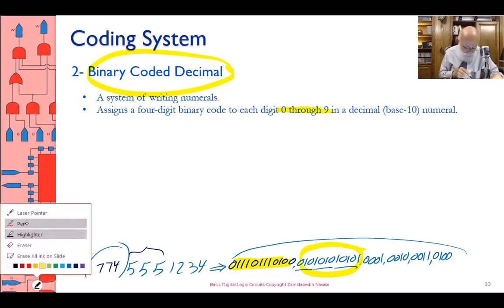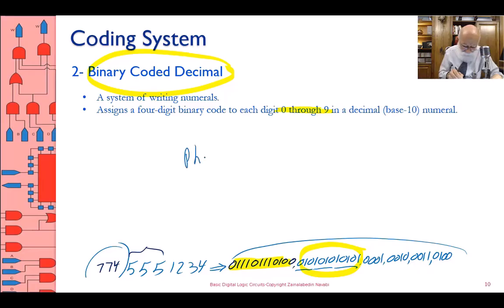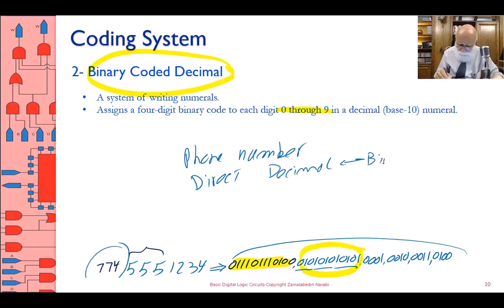So what we are saying here is for phone numbers and for places where you like to have direct decimal to binary translation, conversion.